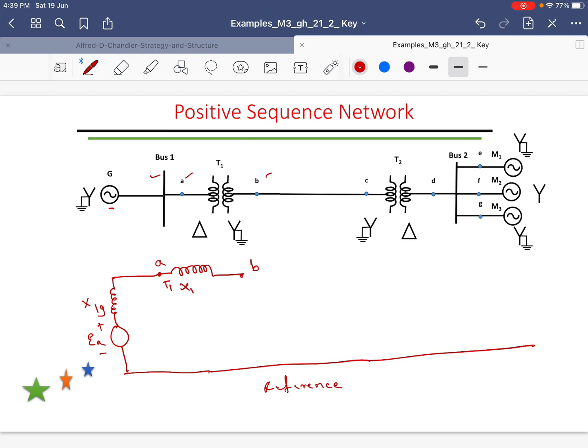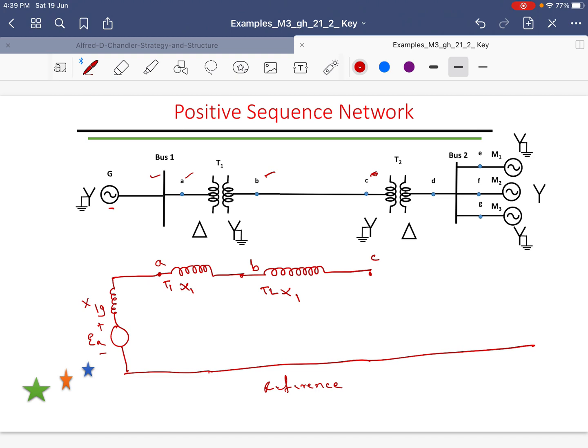Then between B and C, you can observe, you have a transmission line. Between B and C you draw the positive sequence reactance of the transmission line, X1 of the transmission line.